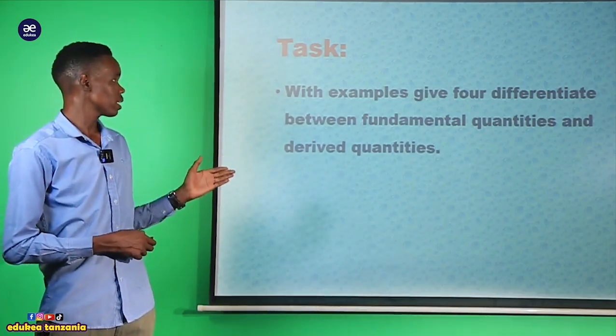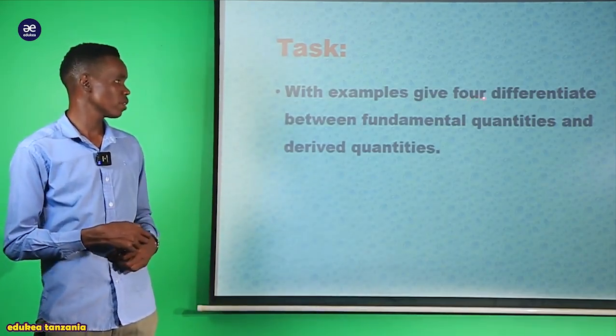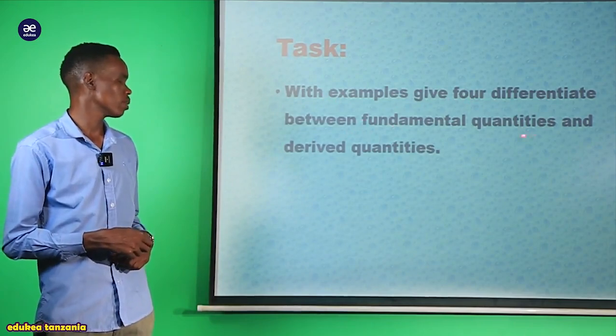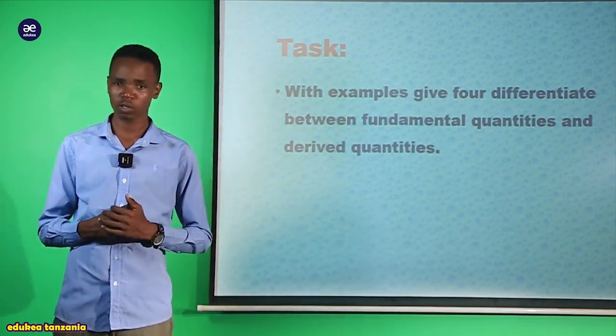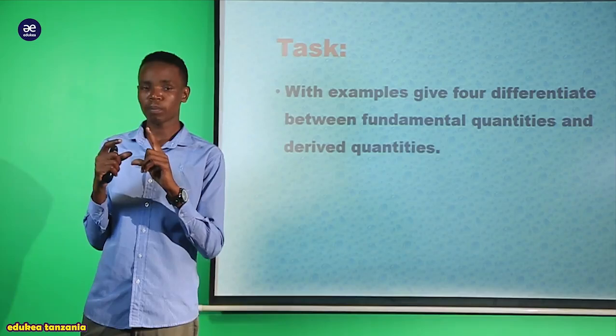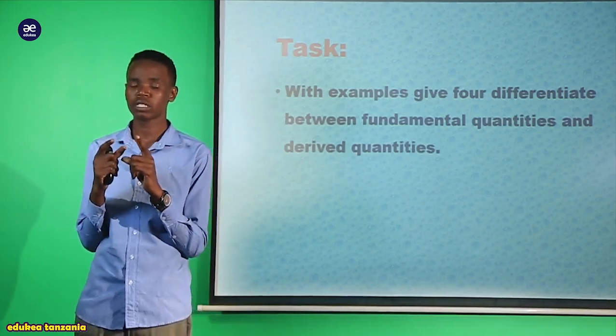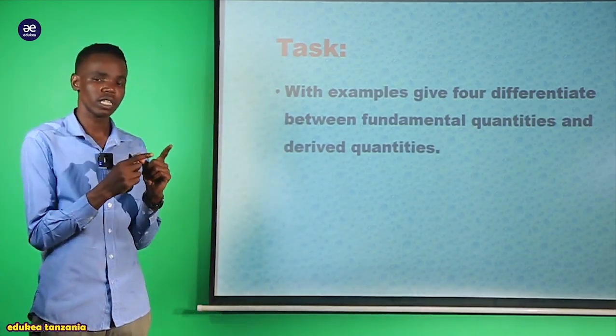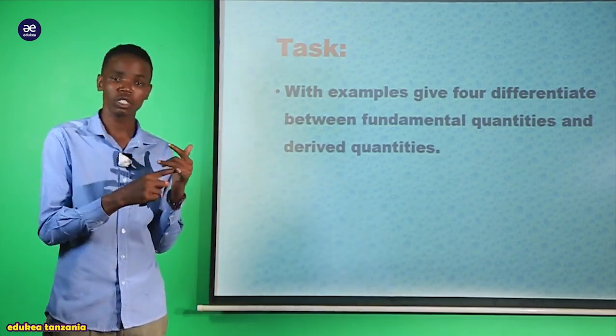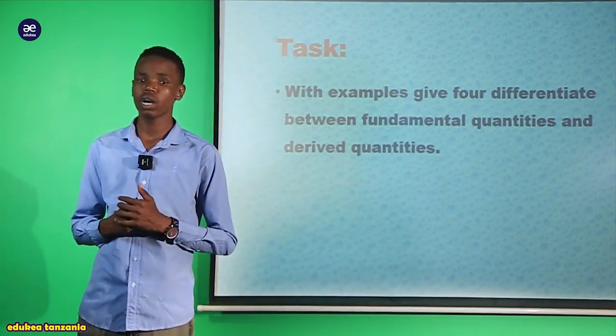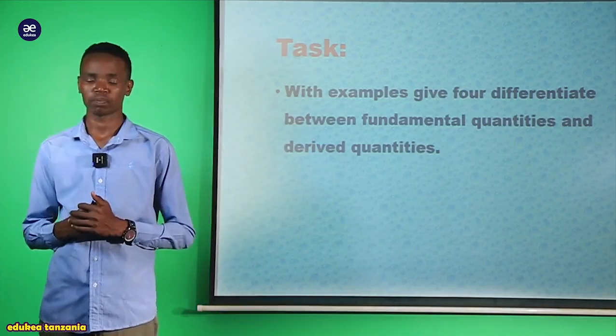Our task says that, with examples, give 4 differences between the fundamental quantities and the derived quantities. We are supposed to use examples so as to differentiate between the fundamental quantities and the derived quantities.